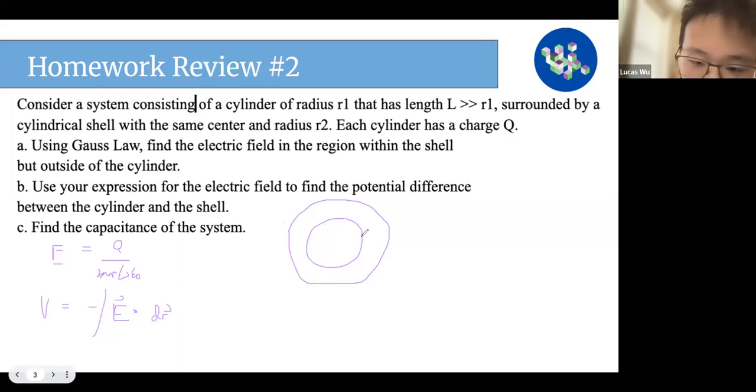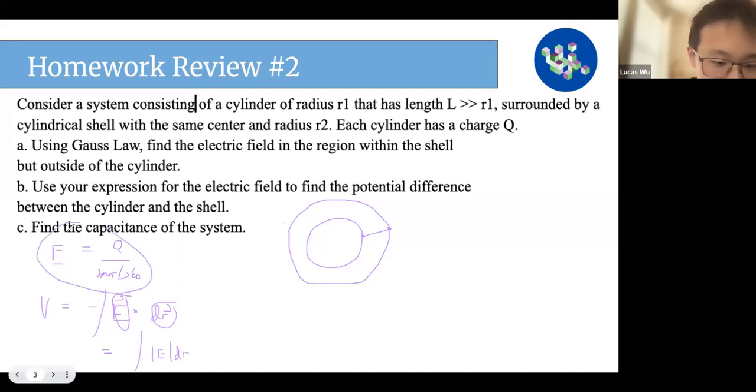I want to find the potential difference between here and here, so the simplest path would be a straight line. The reason is that the electric field is in the radial direction and my dr would also be in the radial direction, so this equals just the magnitude of E times dr. And I already got the magnitude of E.